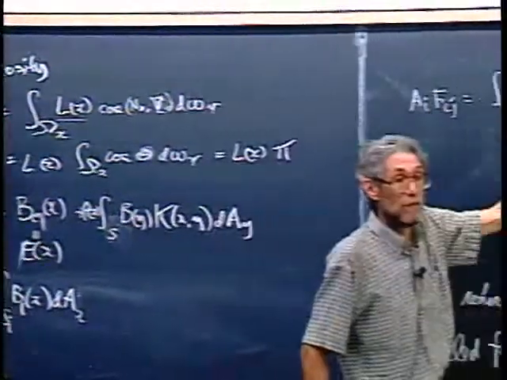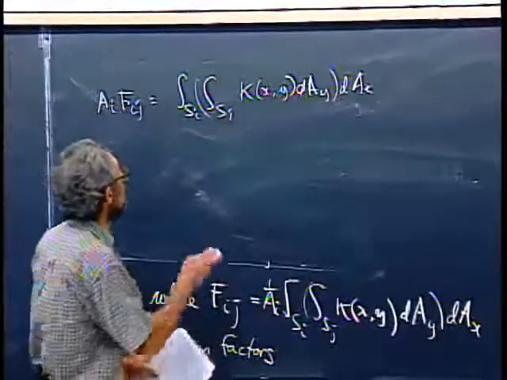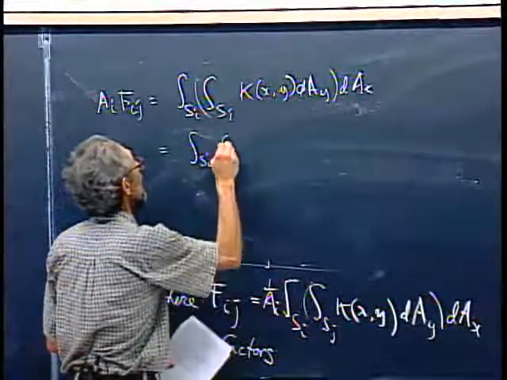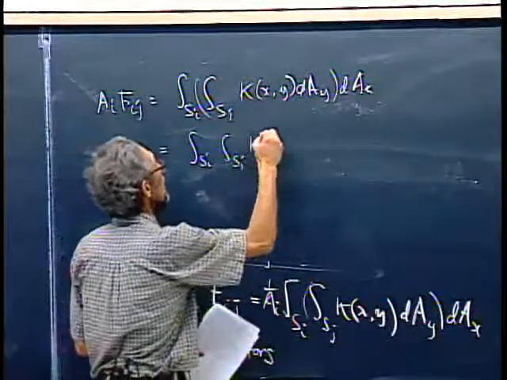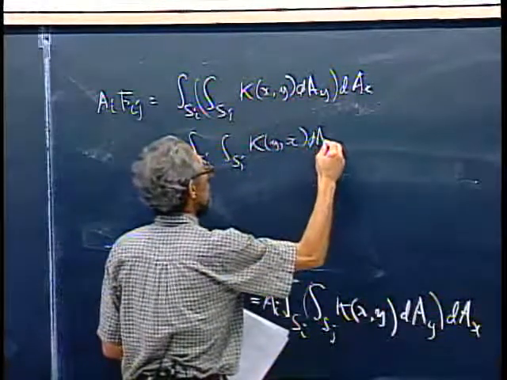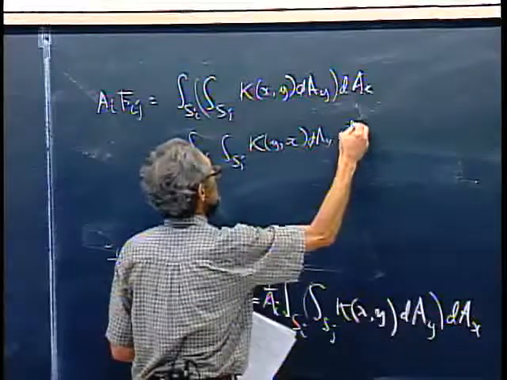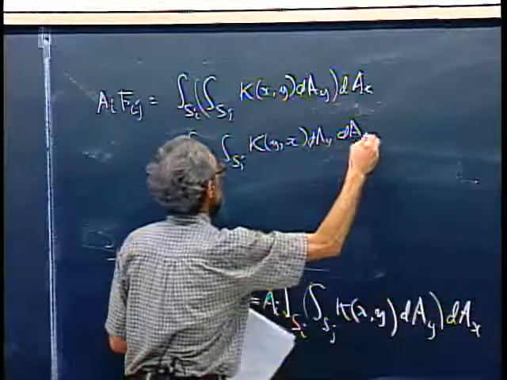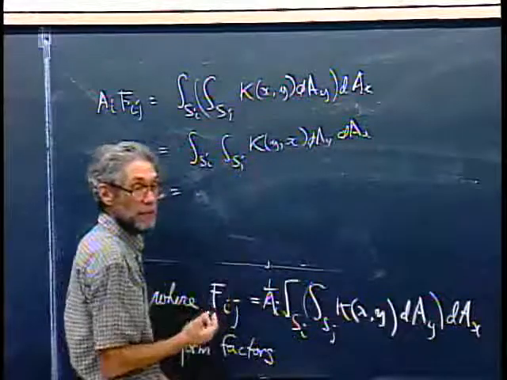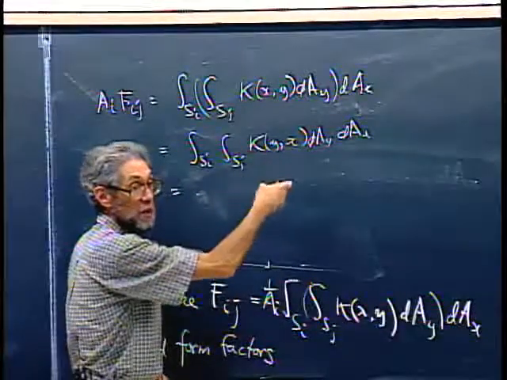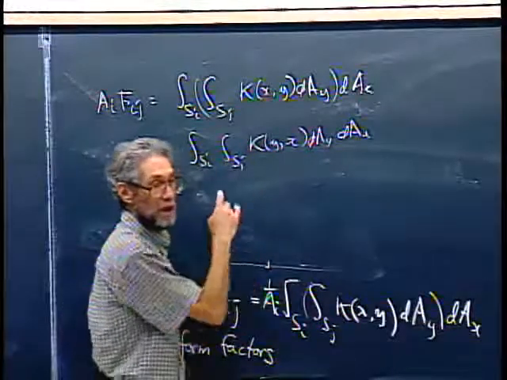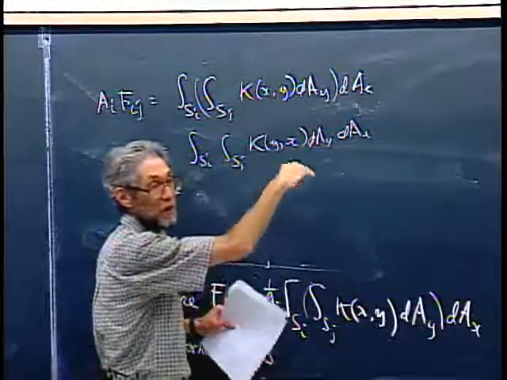This is the same as integral Si, integral Sj, Kyx dAy dAx. And this is a 4D integral, because each of these is 2 dimensional, but it doesn't matter which you write as the inner integral and which as the outer integral. It's just the limit of a Riemann sum over samples everywhere.